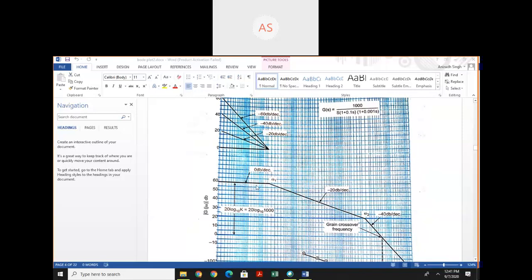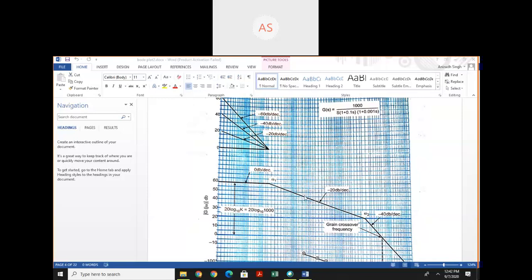Starting point is 60 dB parallel to the axis, and at the first corner frequency there is a change of minus 20 dB due to the presence of this pole on the real axis.